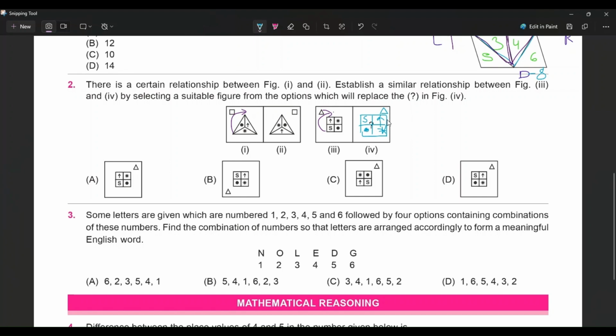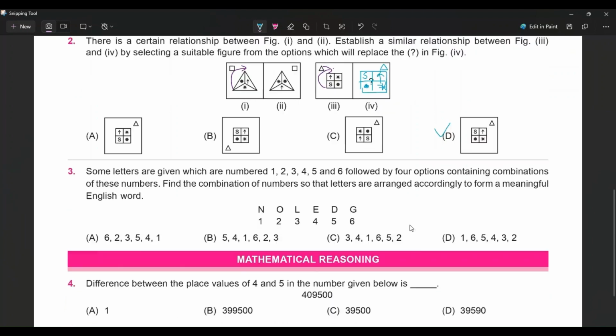So this is the relationship from this figure. So option A wrong, option B wrong, option C wrong, option D, yes, this is our answer. See children, yes, arrow, star, solid circle. So this is the correct answer. Option D is the right answer, children.